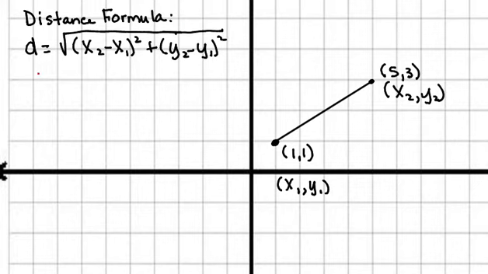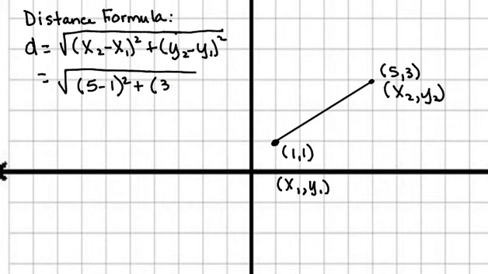And I will substitute my numbers in here, as we did in algebra. My x sub 2 is 5 minus x sub 1 is 1, the quantity squared. The same thing with the y values, 3 minus 1, the quantity squared.